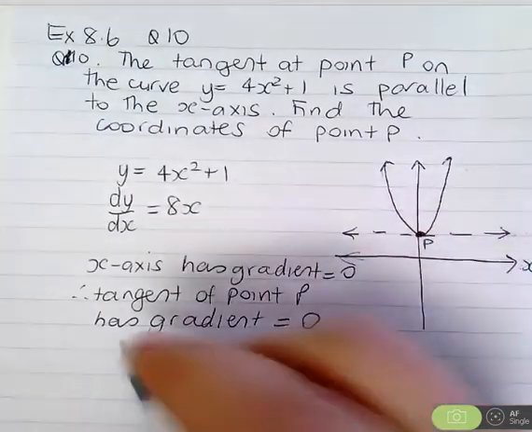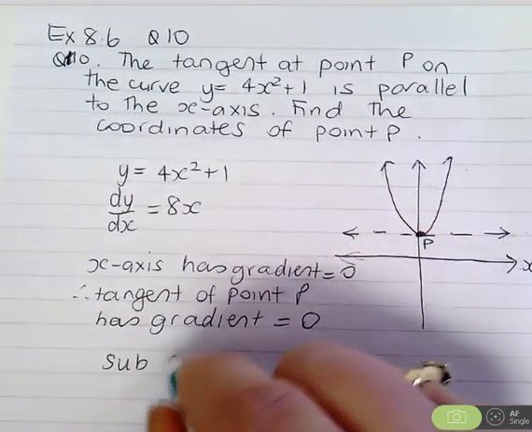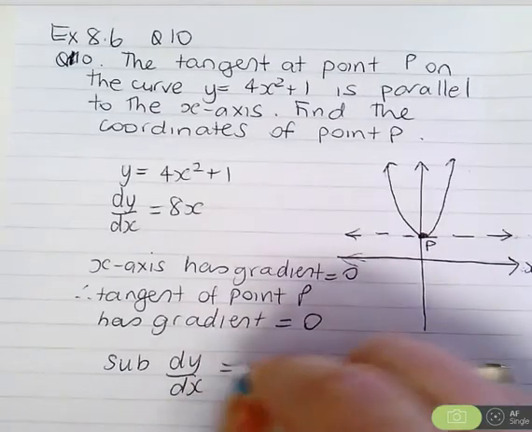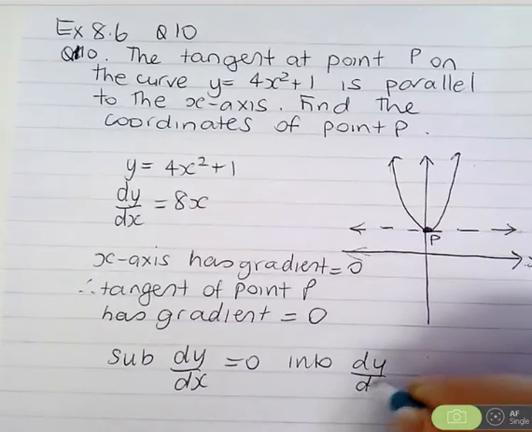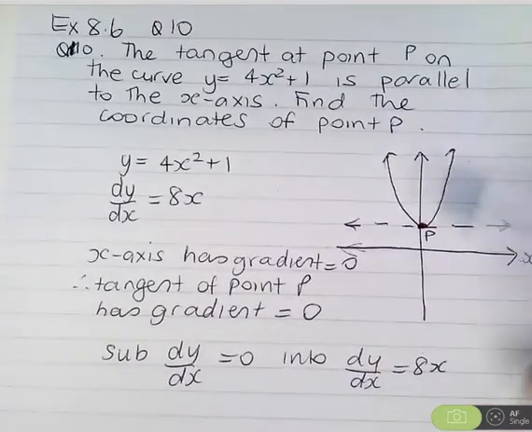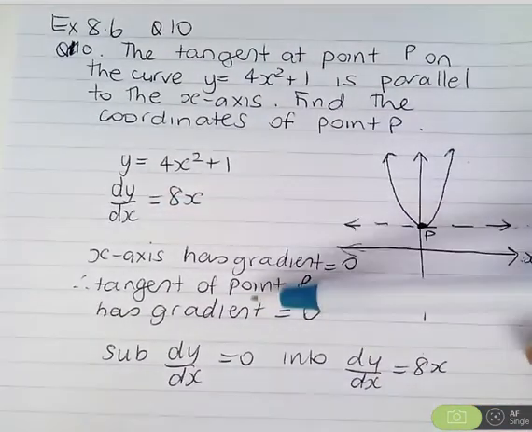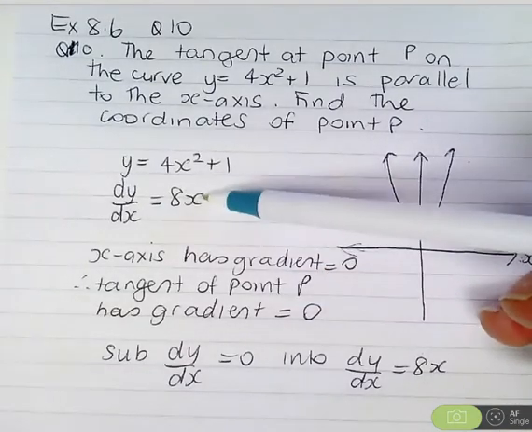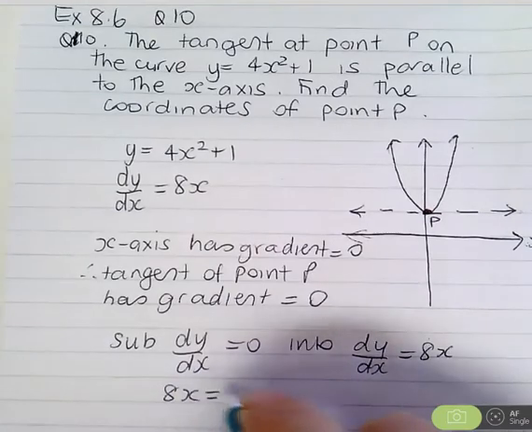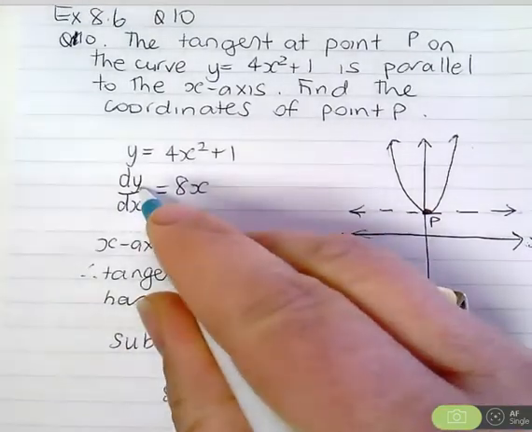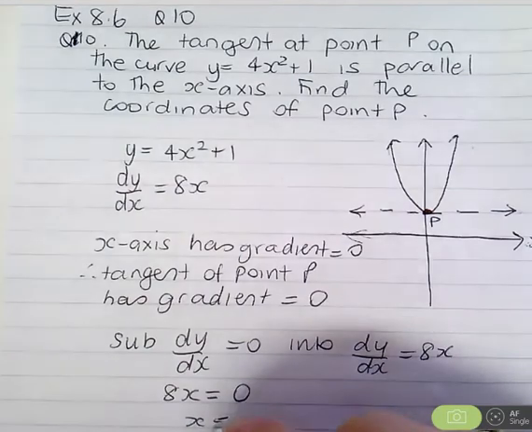But I'm going to do it by substituting dy/dx equals 0 into the equation dy/dx equals 8x. So we know that dy/dx is 8x, but we want to know for what value of x this gradient is going to be 0. So we end up with 8x equal to 0, because we're putting dy/dx equals 0 in there. And so x is 0.